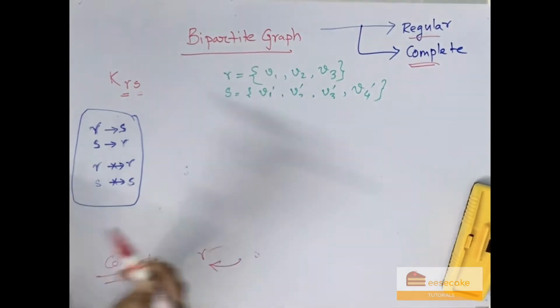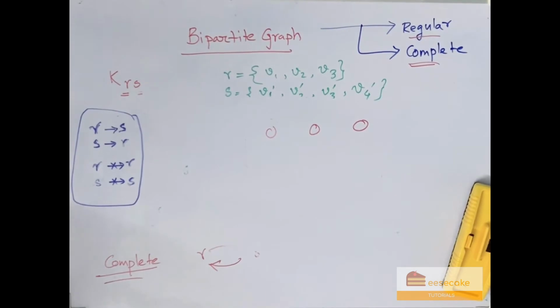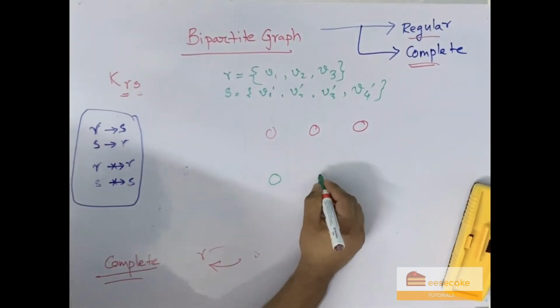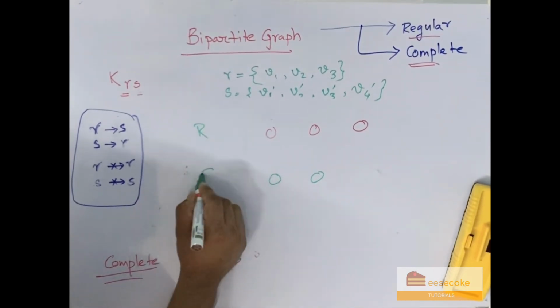Say this is set R with 3 vertices and this is set S with say 2 vertices.